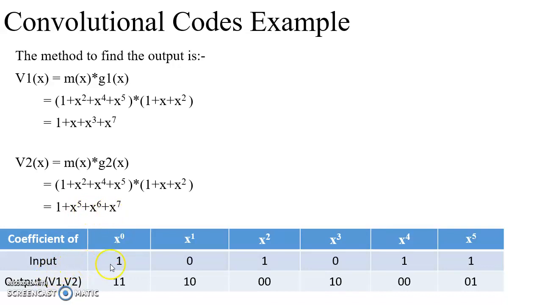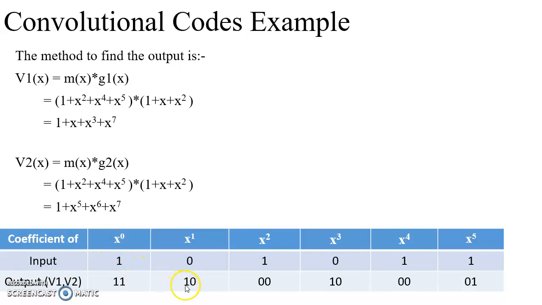The input given to us was 1 0 1 0 1 1. For the output, remember v1 and v2 are written together, so we find the coefficients of x raised to 0. Over here the x raised to 0 coefficient is present, so it will be 1 for v1, and v2 also has it, so we write v1 v2 as 1 1. Similarly x raised to 1: present in v1, so 1, not present in v2, so 0.